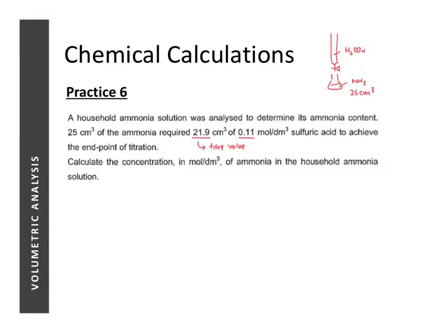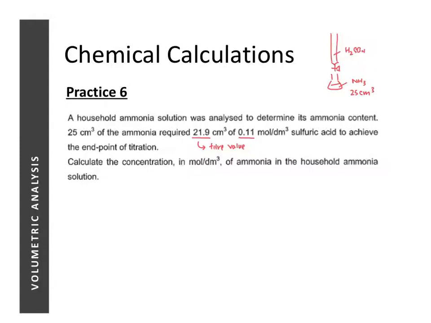For chemical calculations involving titration, we can always solve it using the 3C approach. This is what I mean by 90% of the chemical calculations can be solved using the 3C approach. I'm going to show you how to solve it using the 3C approach before I show you a little shortcut.